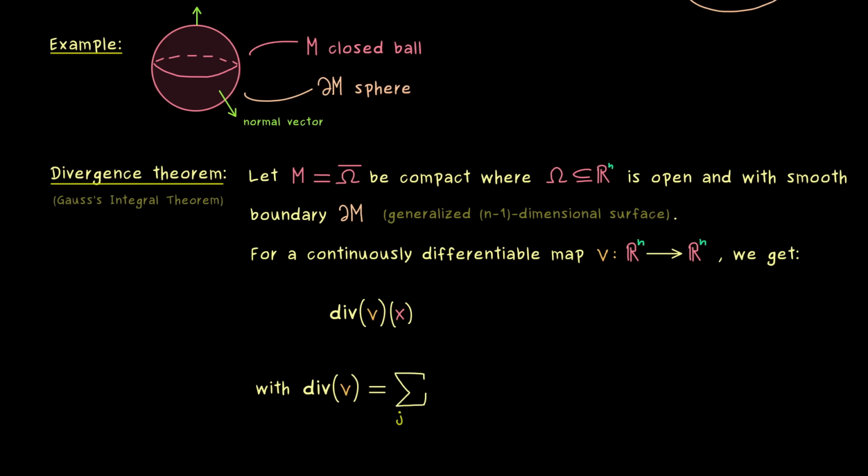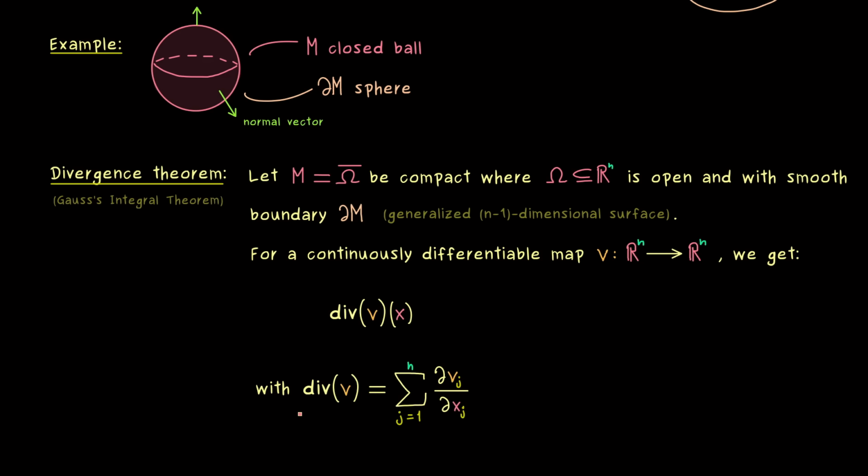More precisely, we have the sum that goes from 1 to our dimension n, and then we take the jth component of v, which is a scalar function, and then we take the partial derivative of it with respect to xj. So that's it, we take the components and the partial derivatives and add them up.